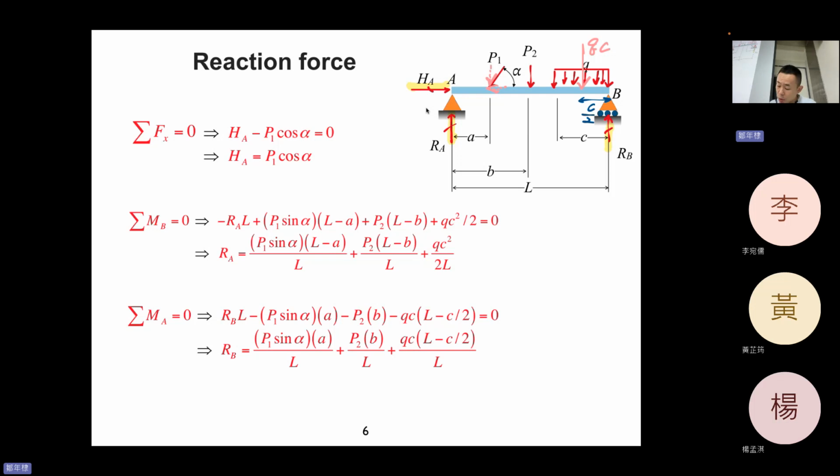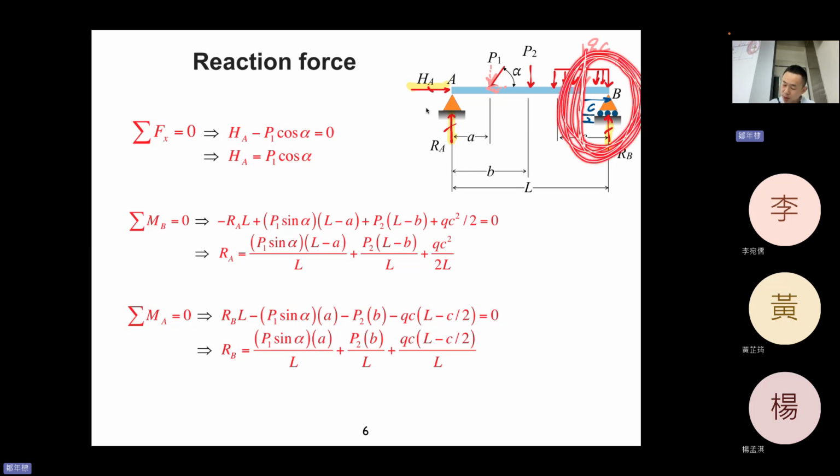Then please notice that this one is a distributed load. When we do the force balance, the distributed load should be regarded as an effective load, QC. The QC is at this part, so you can treat it as a point load, the effective point load.